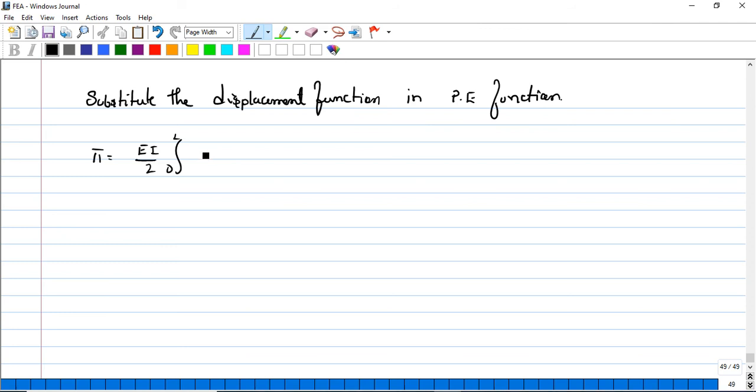So we have found out that double differentiation as, let me write, a4 multiplied by 12x square minus 12lx plus 2L square, whole square, into dx, minus P, the load applied, into Vmax. Vmax we found as A4 L to the power of 4 by 16.